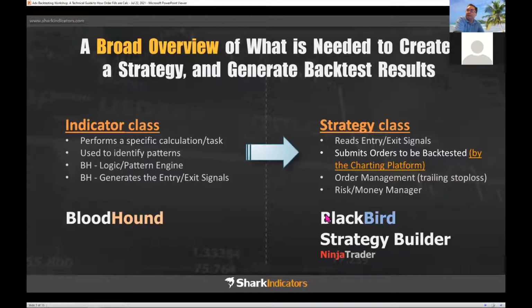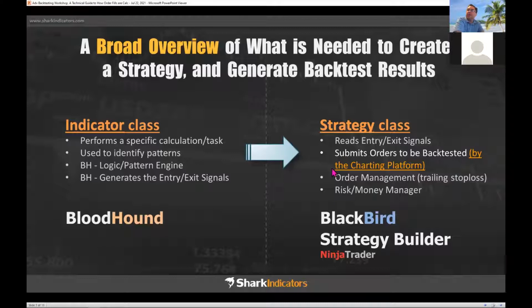And that comes into play, as mentioned, because a lot of people ask when they learn about Blackbird, well, why isn't the logic engine and the entry signals, everything, built into Blackbird? Well, that's just how the charting platform separated things out, the indicator class and strategy class.